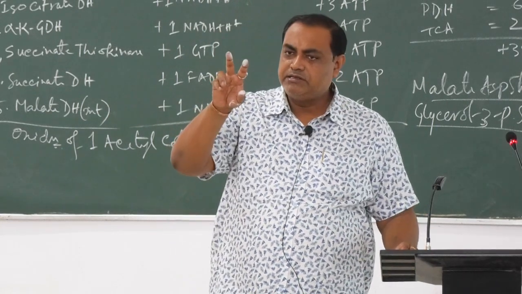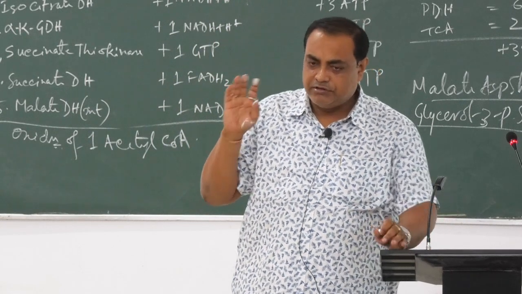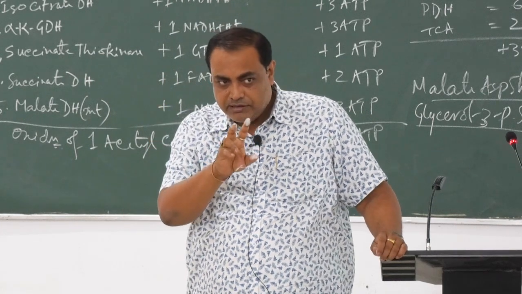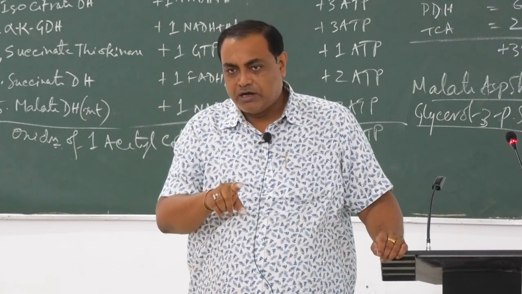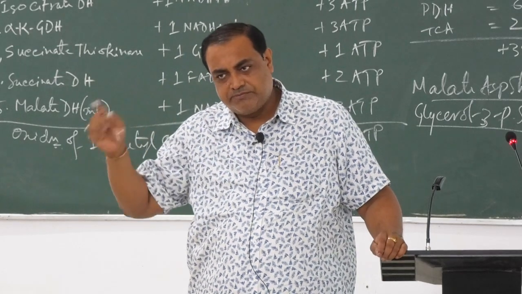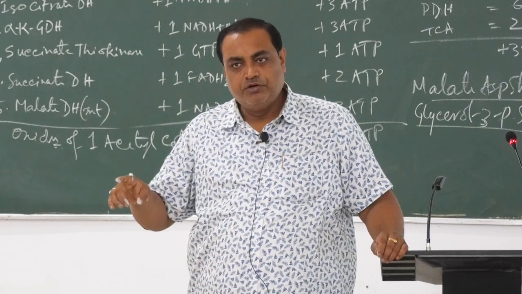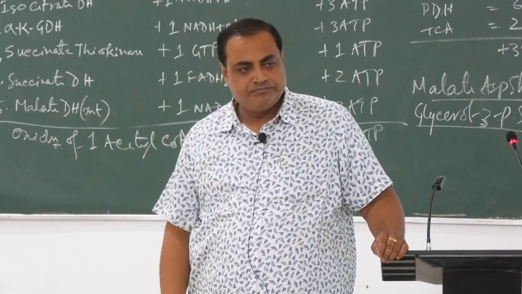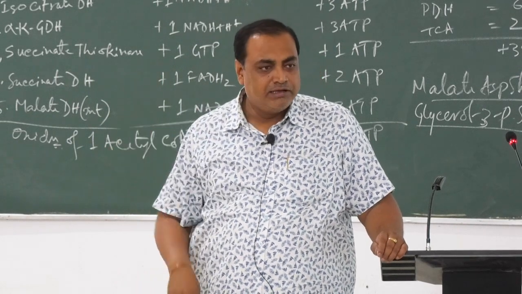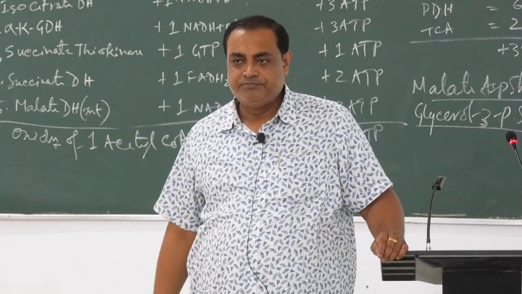Option 1, both NADH go through the malate aspartate shuttle. Option 2, both NADH go through the glycerol 3-phosphate shuttle. Option 3, one NADH goes to the malate aspartate shuttle and one goes to the glycerol 3-phosphate shuttle.